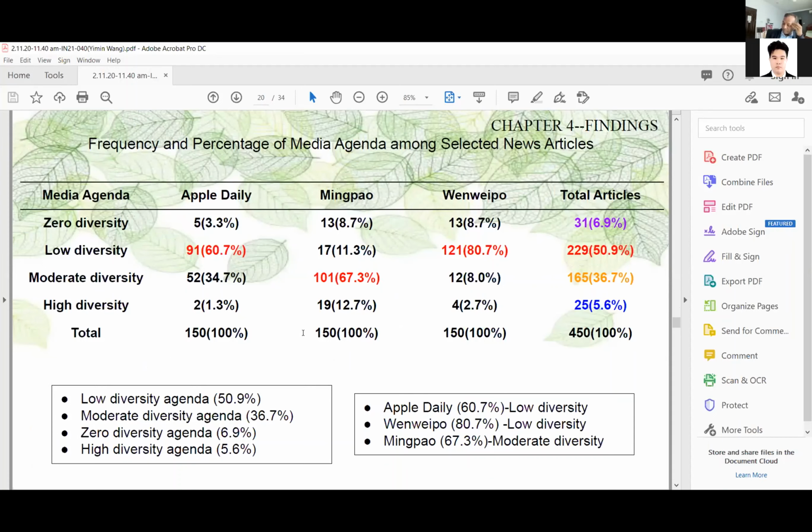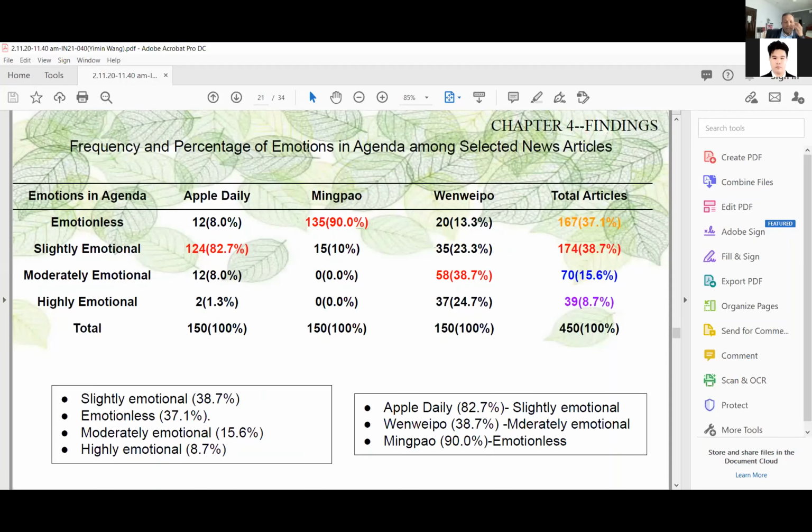So we can see the findings. For the media agenda diversity level, most of the articles have low diversity. For Minpo, they are relatively moderate diversity. The other two are relatively low diversity. For the emotions in agenda, most of the articles are slightly emotional. For Minpo, most of its articles are emotionless.